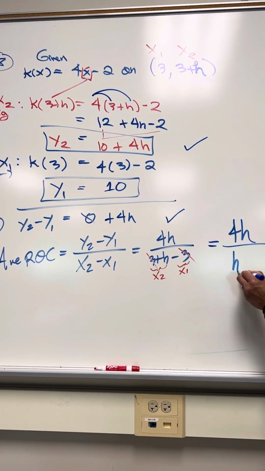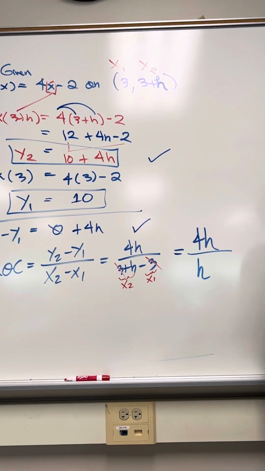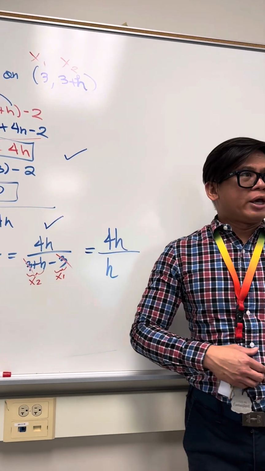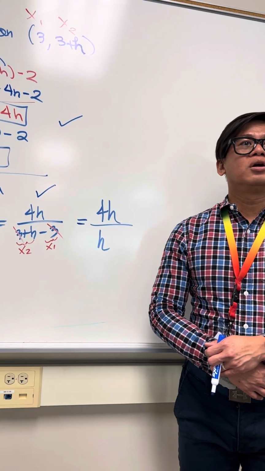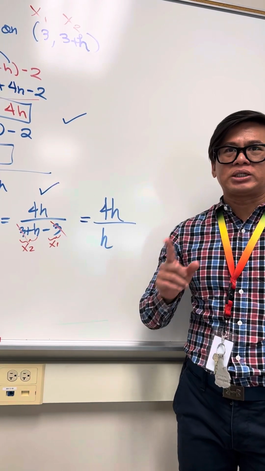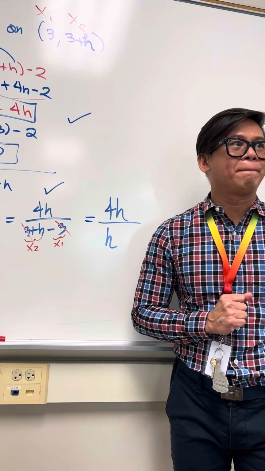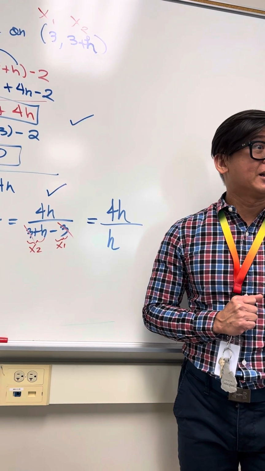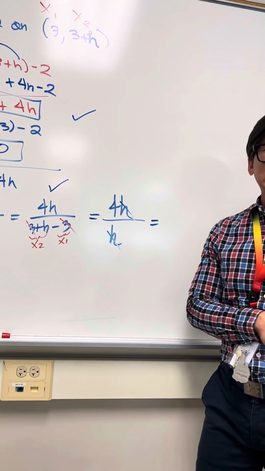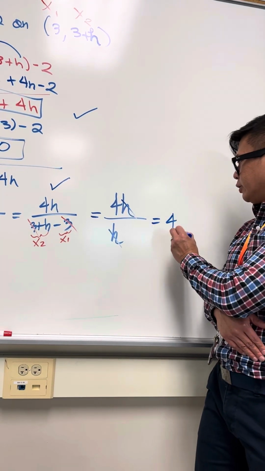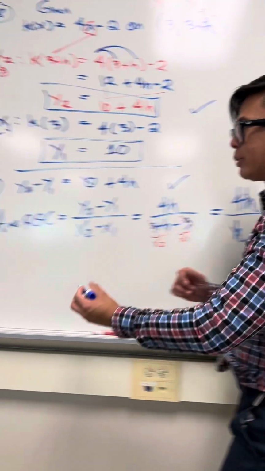The denominator remaining is h. What do we do then? If you divide h by h, since they are similar terms, you can cancel them. So cancel this h above and below. Hence, what's your answer? 4. Very good.